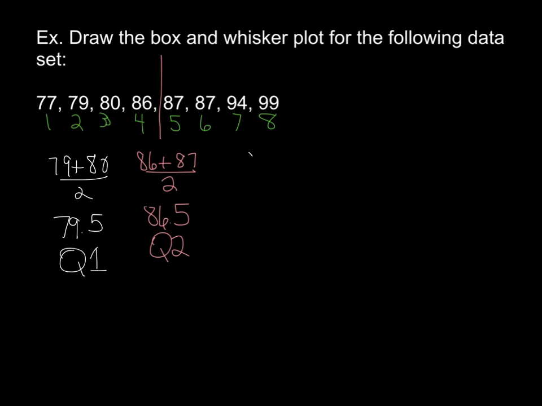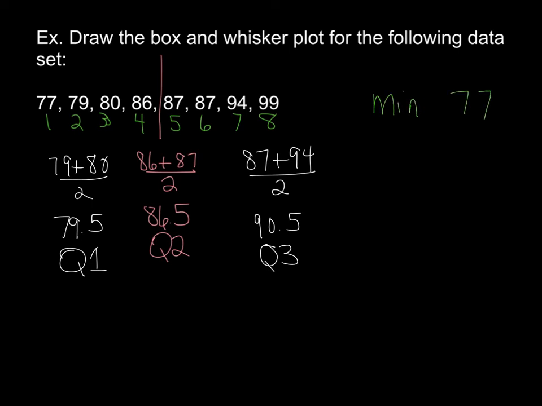And over here, 87 plus 94 divided by 2, and I get 90.5, and that is my Q3. So now I have found all of the data points here. I'm going to go ahead and identify my minimum value is 77, because my minimum is my smallest. My maximum value is 99. So at this point, I have all the necessary numbers to do this.